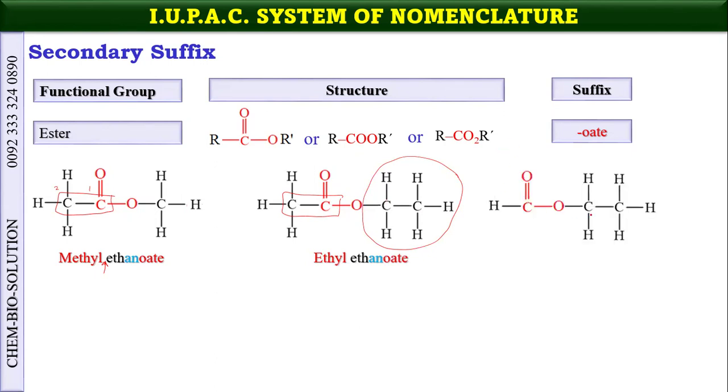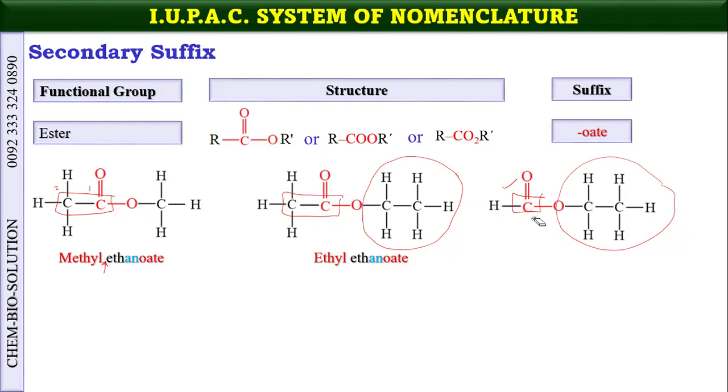And here, although there are two carbon atoms on one side and only one carbon atom on the other, this is the basic chain. This is not the basic chain because this is the functional group and it is attached to this side. So that's why the functional group carbon must be included in the basic chain.